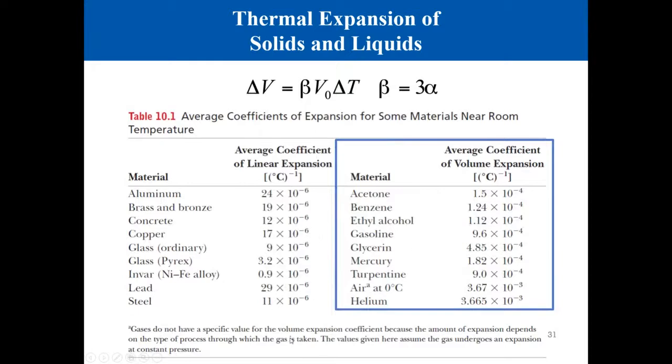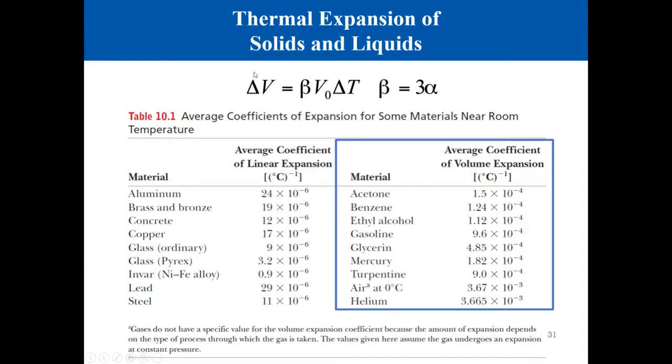In this table, we see some useful information. For volume expansion, the coefficient is 3 alpha. We call it beta. When you deal with volume expansion, this is especially important for fluids, liquids, gases.